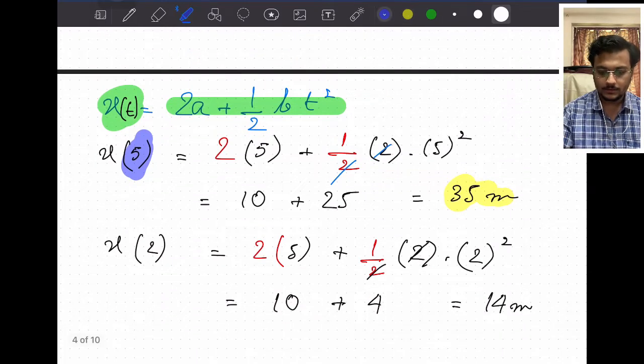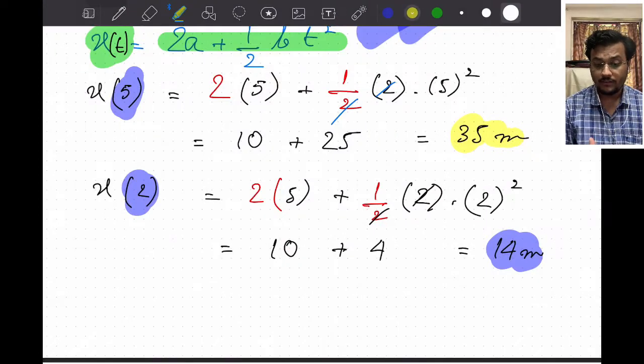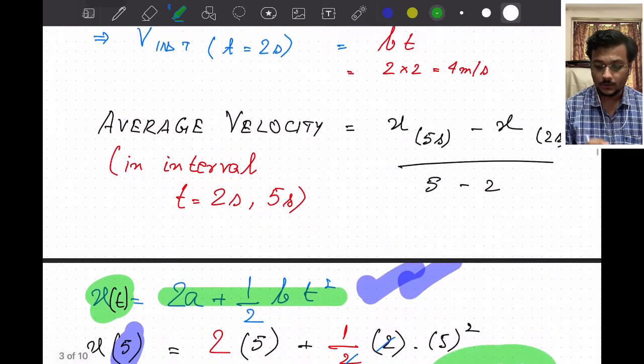And similarly, if we put the value of time as 2 seconds in the main equation, then we end up with the displacement of the particle as 14 meter. Fine, so we have found the displacement of the object after 5 seconds, and we also have the displacement after 2 seconds.